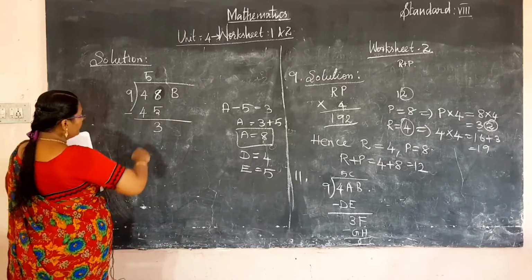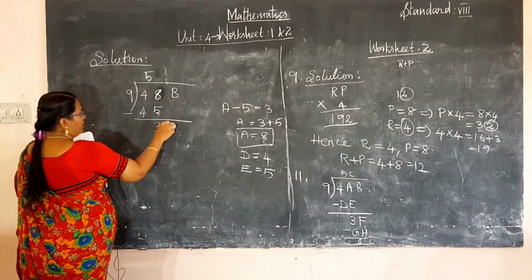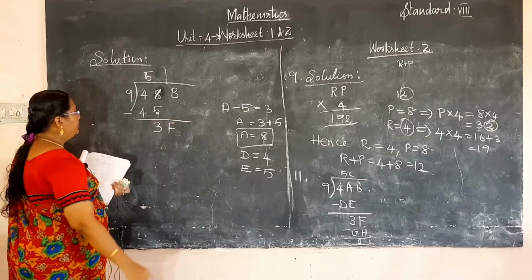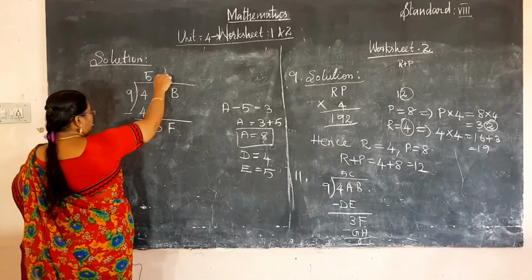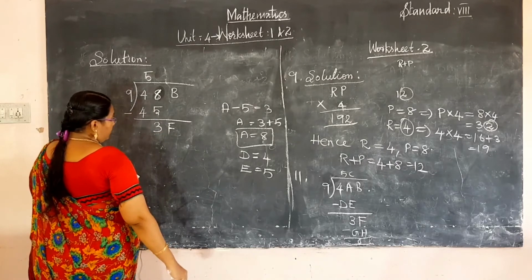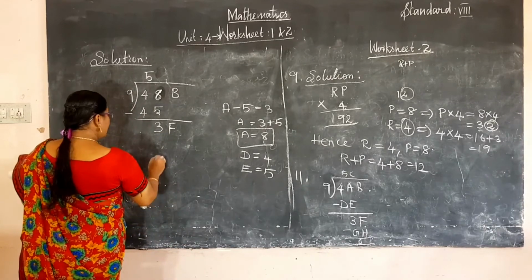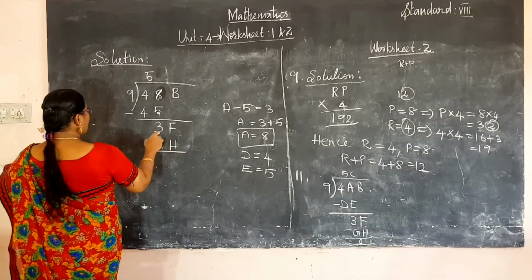Then subtract and bring down the b value. Here f is given. Which number do we multiply with c to get this value? The remainder will be 0. So gh, here 3.